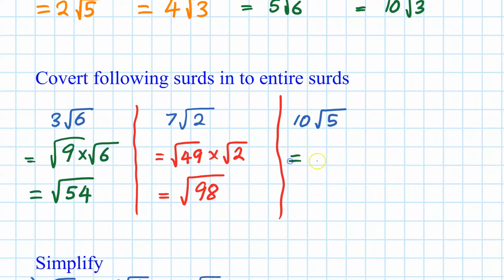Final one on this set. 10 is the square root of 100, times root 5. What you have to remember is you are only changing the integer in the front to a surd form. So therefore we are moving it in with a multiplication, giving 500. So little things to remember.